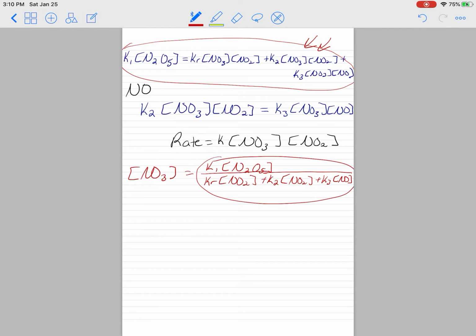Now what we're going to do is take this, and because it is equivalent to the concentration of NO3, we're going to replace it into what should be the correct rate law.